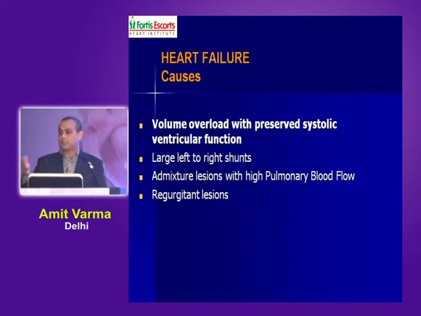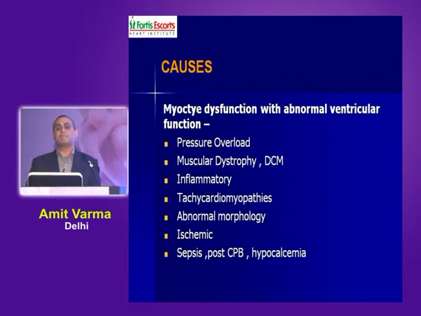Heart failure causes that you'll end up seeing in your units usually are related to either volume overload with preserved systolic ventricular function, mainly because of large left to right shunts, admixture with high pulmonary blood flows or regurgitant lesions, or you may have myocyte dysfunction with abnormal ventricular function, and you have a host of various disease processes sitting at the bottom that can cause it.